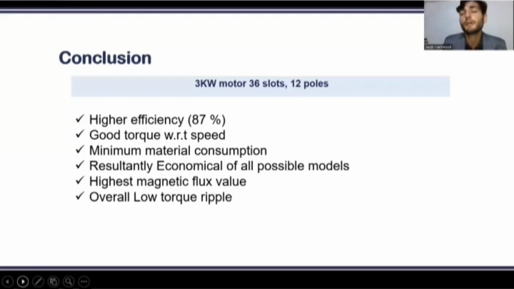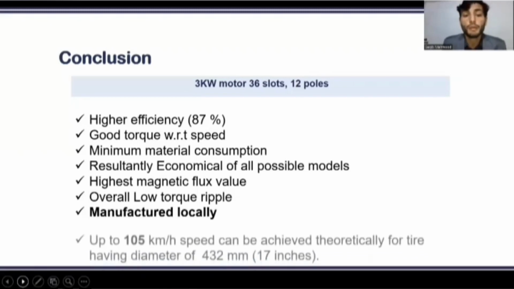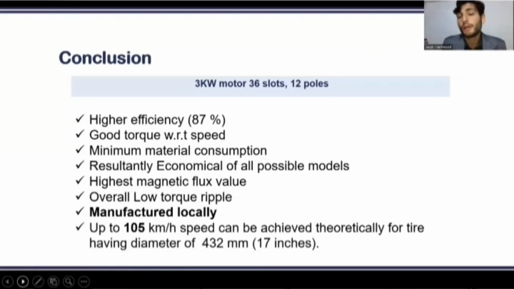What is most different about this model is that we manufactured it locally with minimum resources available. And 105 kilometer per hour speed can be achieved if we fit the motor in a motorcycle tire having a diameter of 17 inches.